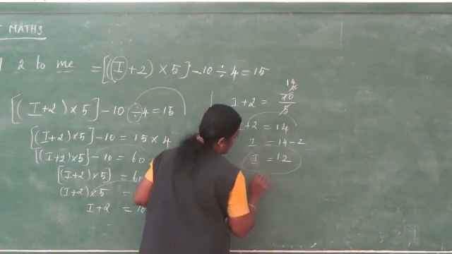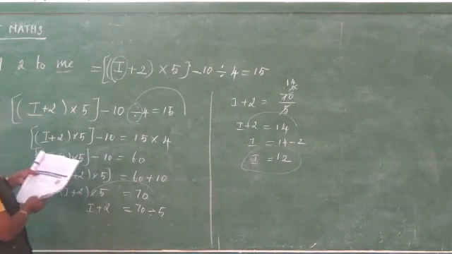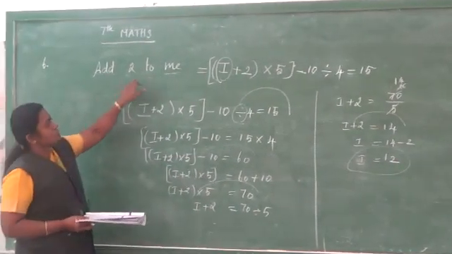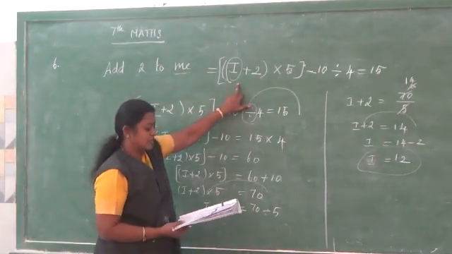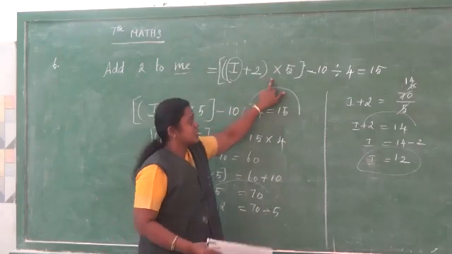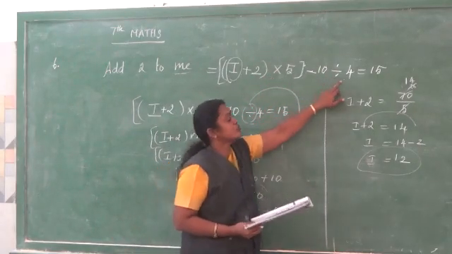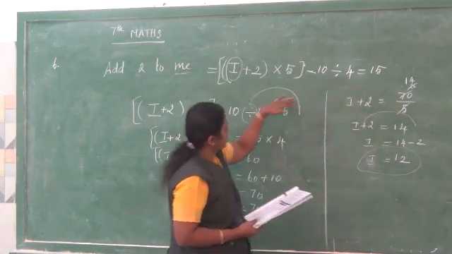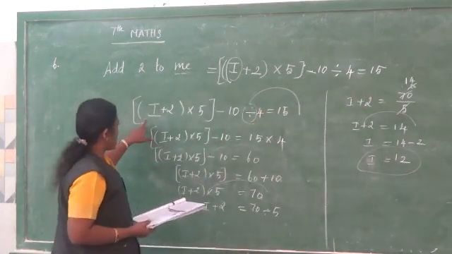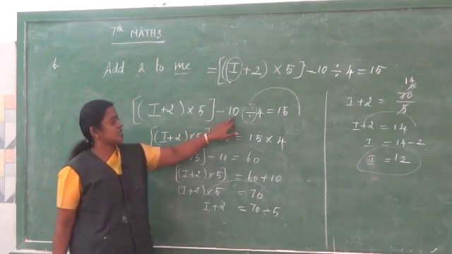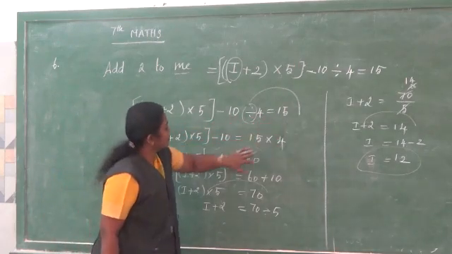So who am I now? I am 12. Again I will read out the problem. Add to me, so I am adding 2 here. The next statement is multiply by 5, then subtract 10, then divide by 4 gives 15. We have to find out what is I. I plus 2 into 5 minus 10 divided by 4 equal to 15.